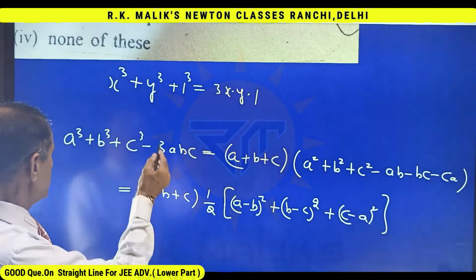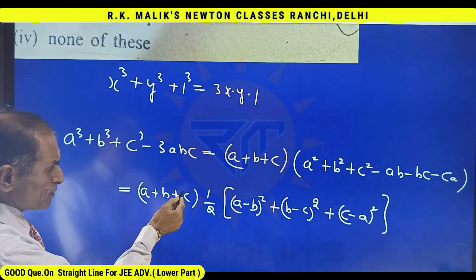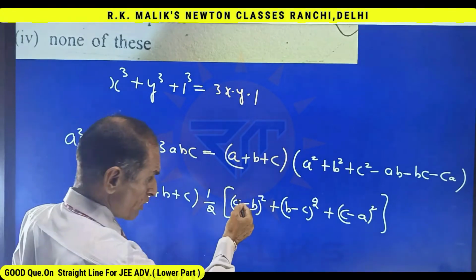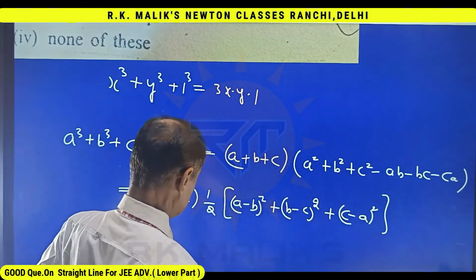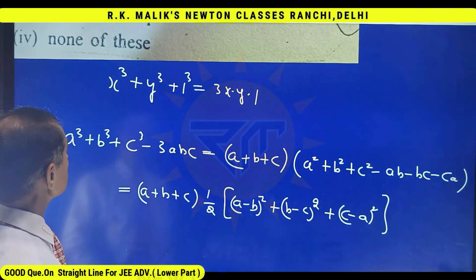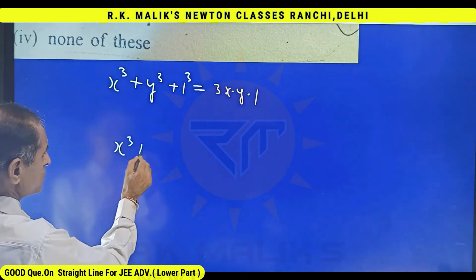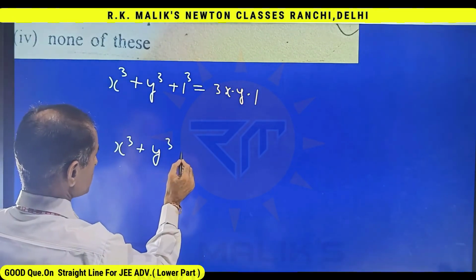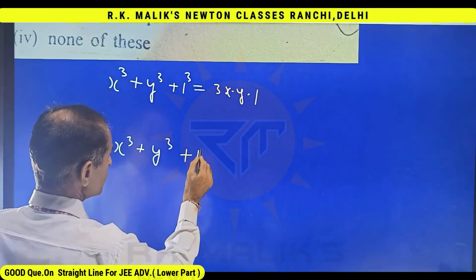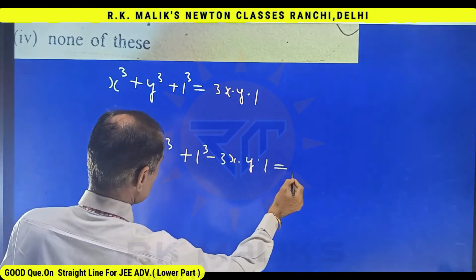Hence, I can say this is equal to 0 means either a plus b plus c is 0 or a, b, c all are equal. And keeping this concept in mind, this equation can be written as x cube plus y cube plus 1 cube minus 3 into x into y into 1 equal to 0.